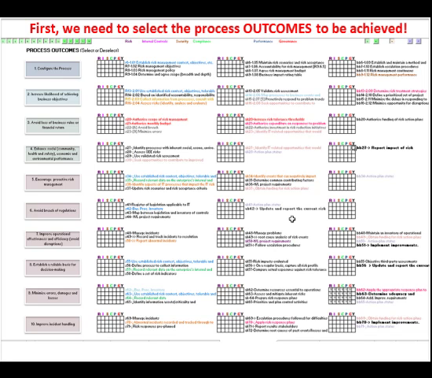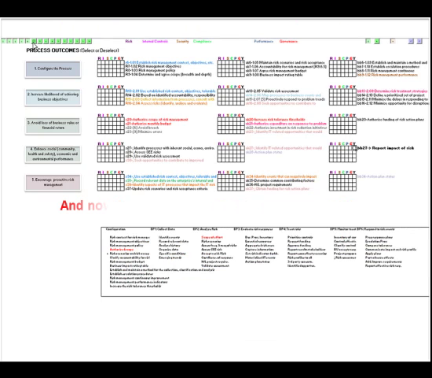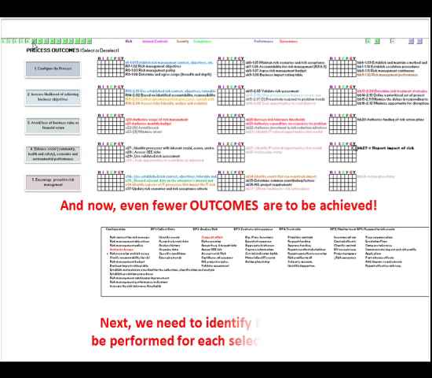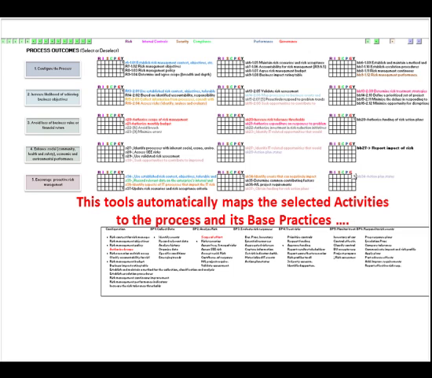For this, first we need to select the process outcomes to be achieved. Now we have a few less outcomes to be achieved, and now even fewer outcomes are to be achieved. Next, we need to identify the activities to be performed for each selected outcome. This tool automatically maps the selected activities to the process and its best practices.